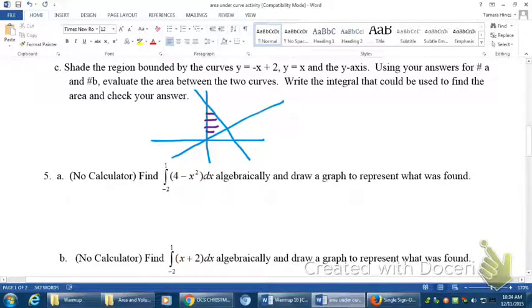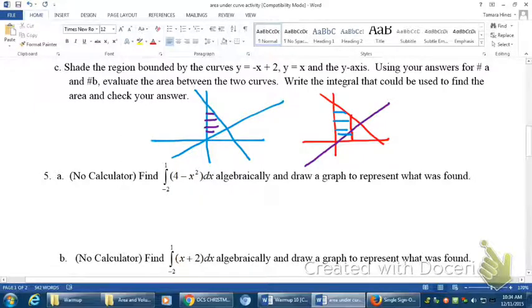Now, just briefly, I want to show you that in the A part, we found the area of that little trapezoid. In the B part, if I sort of graph it together, see the area of the trapezoid.